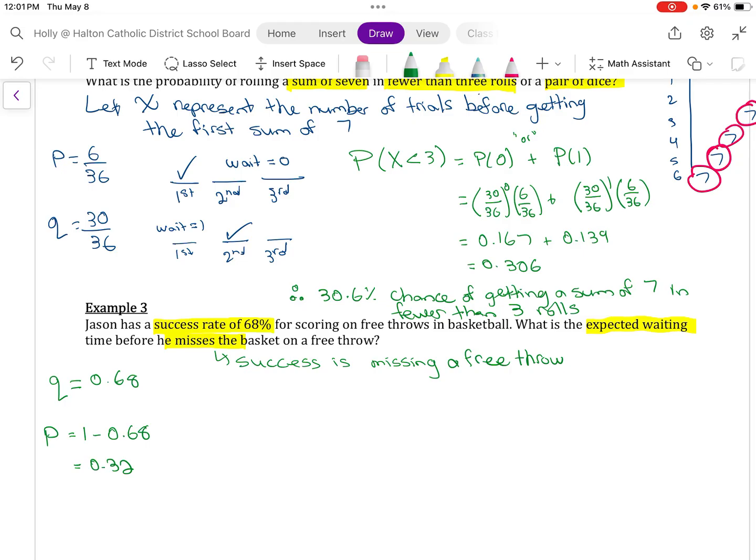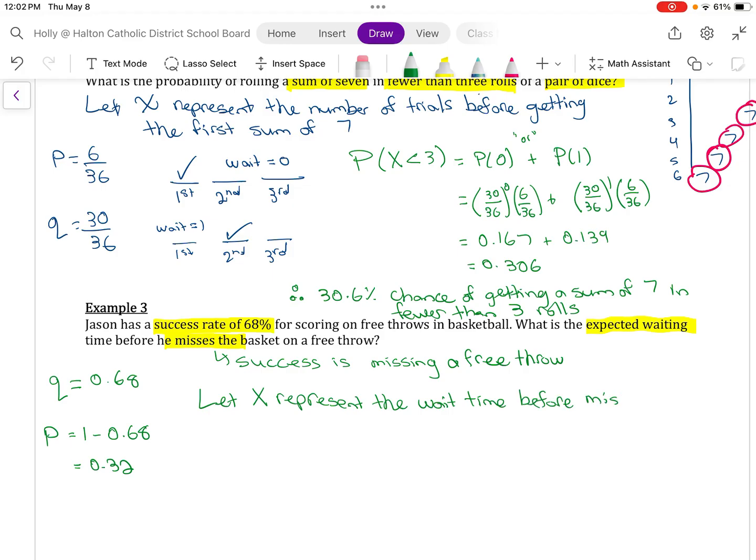Okay, so in this case, we're trying to figure out how many times he is going to get these baskets in, which is at a rate of 68%, before he misses a shot. So let's let X represent the wait time before missing.